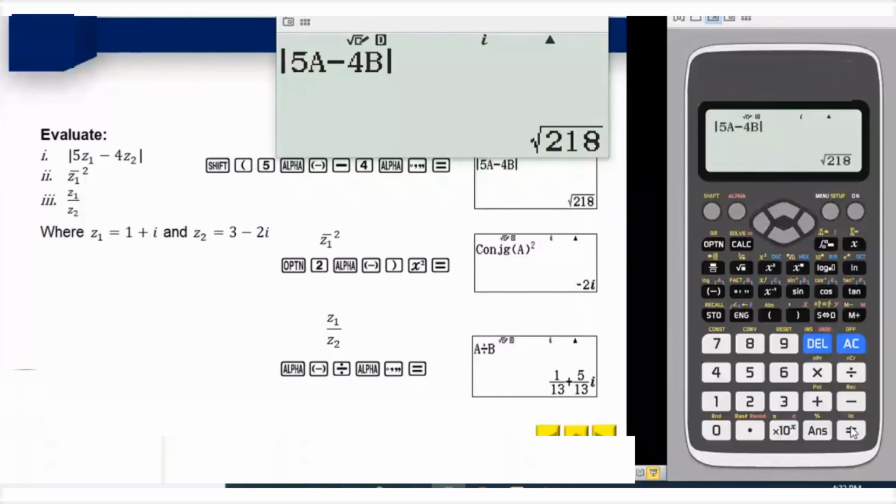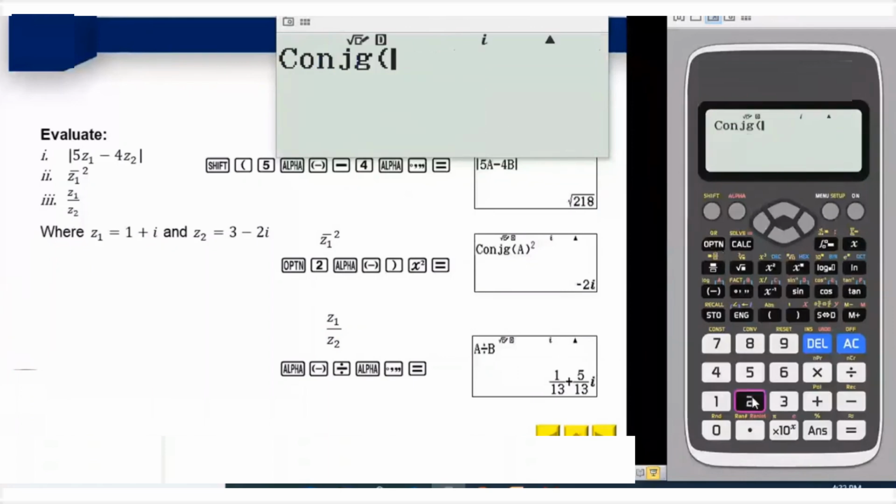Alright, in part 2, Z has a dash above it. Anything that has a dash above a number or an alphabet means we need to find the conjugate of that. So basically we need to find the conjugate of A square. In order to find the conjugate, I know that I will press OPTN.